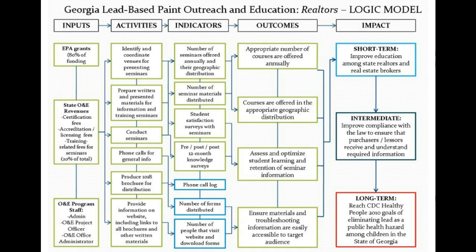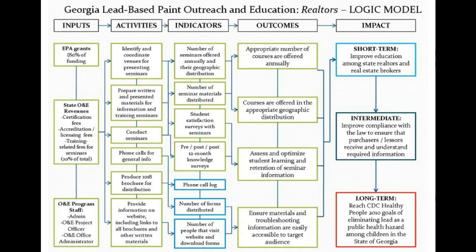This looks really busy, but I also want you to look at it in terms of how you can read it from left to right and from right to left. The activities, they call them indicators here. If we identify and coordinate venues for presenting seminars, then our output would be the number of seminars offered annually and their geographic distribution, and then outcomes would be the appropriate number of courses that are offered.